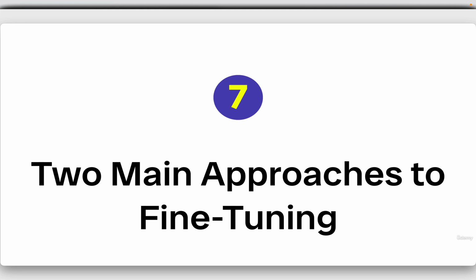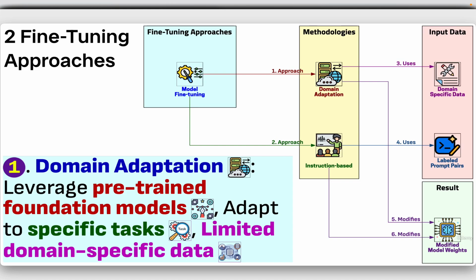And the 7th topic is 2 main approaches to fine-tuning the model. So there are 2 main ways. The first one is domain adaptation. Domain adaptation fine-tuning allows you to leverage pre-trained foundation models and adapt them to specific tasks using limited domain-specific data.